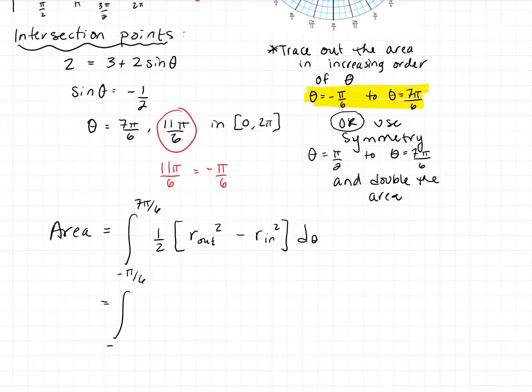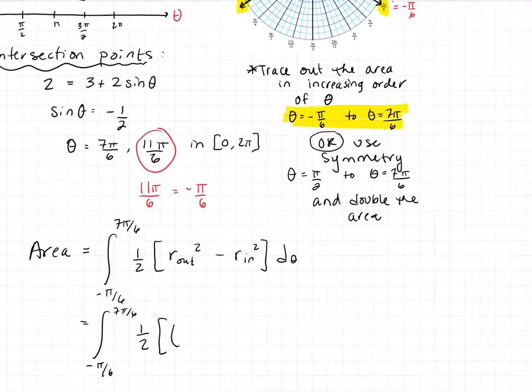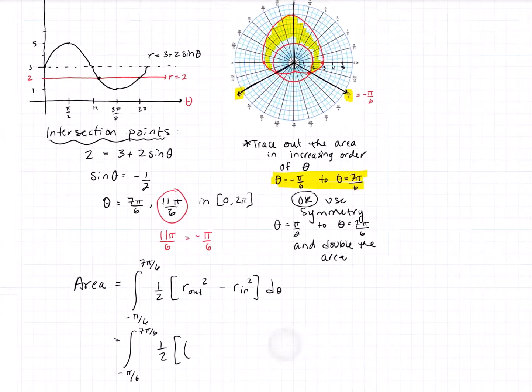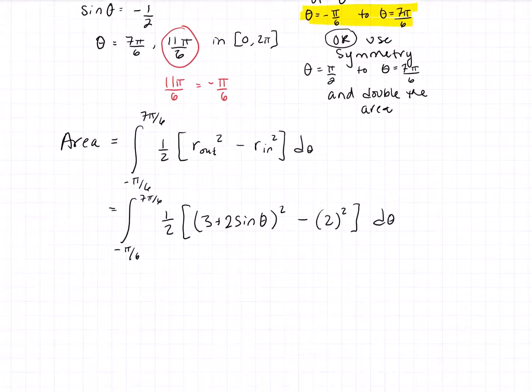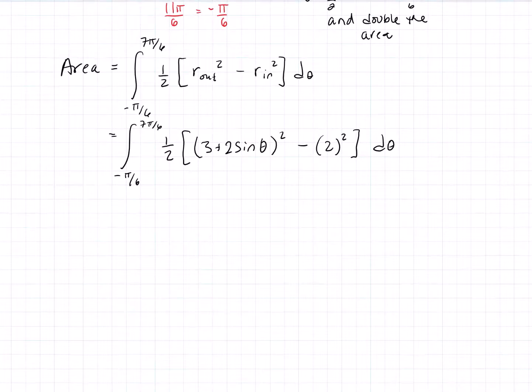And this is going to be the integral from negative pi over 6 to 7 pi over 6 of 1/2, and our outer curve here was the cardioid, 3 plus 2 sine of theta, squared minus 2 squared d theta.